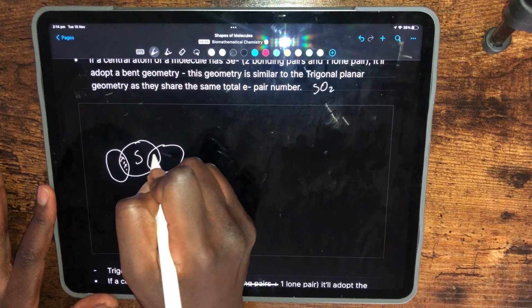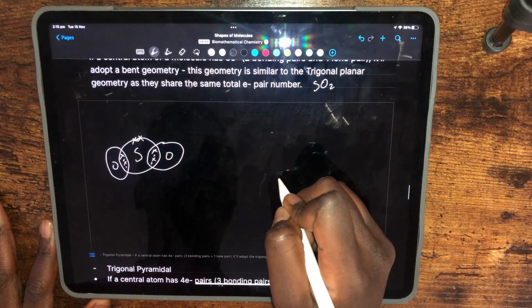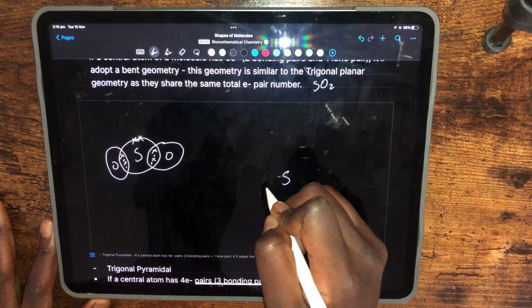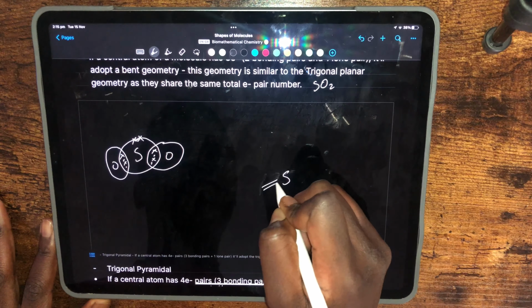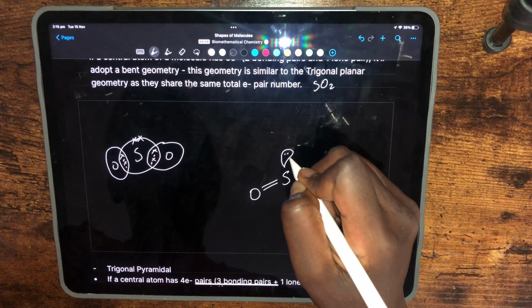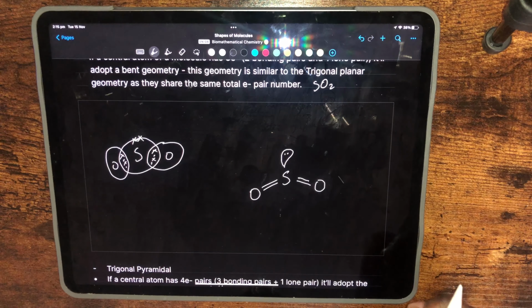So 2, 4, 6. And how it will be represented, you'll have your central atom here, your sulfur, your 2 oxygens, and you'll have the lone pair up here.